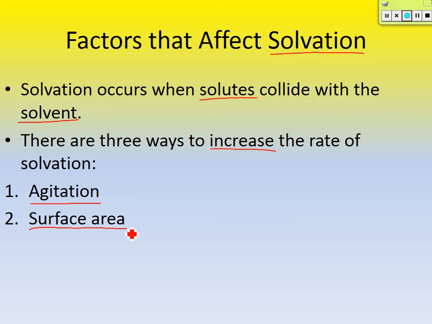Number two, surface area. If you have more surface area, you're going to dissolve it faster. And number three, the temperature has a big influence on how fast something will dissolve. We're going to talk about these three things in more detail: agitation, surface area, and temperature.